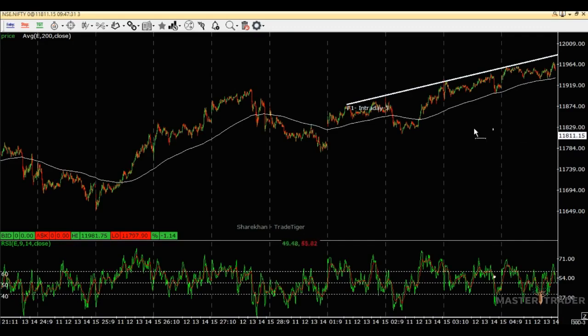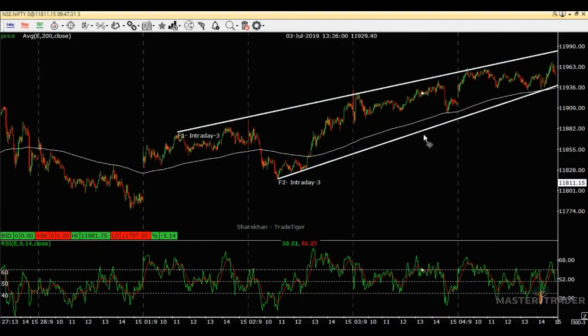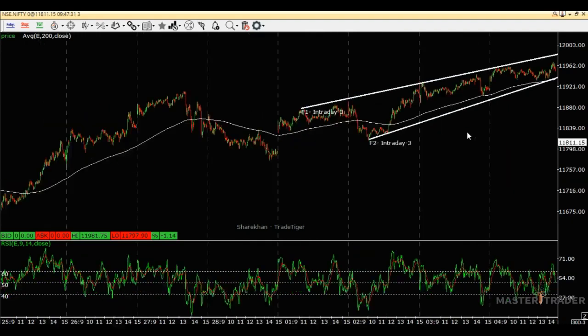And can we see that a sort of rising channel is forming, or a rising wedge? And now the data is telling us that near 12,000 levels we have strong resistance.